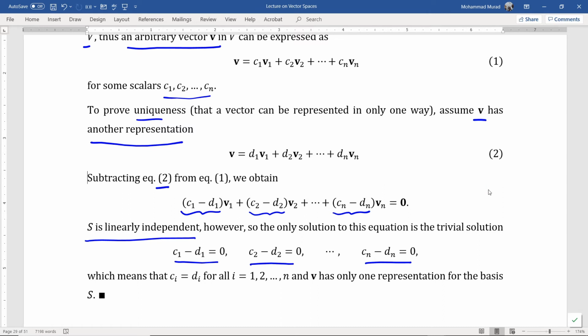Which means that c sub i equals d sub i for all i, 1, 2, all the way up to n. And the vector v has only one presentation for the basis S.